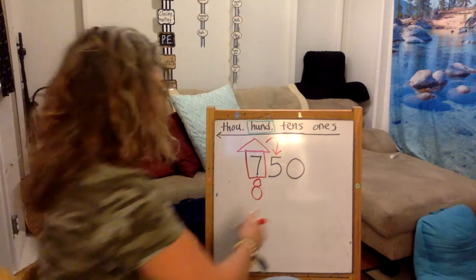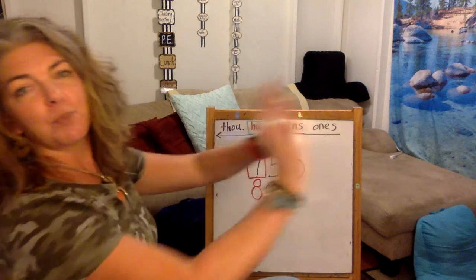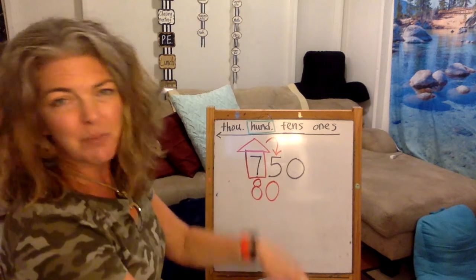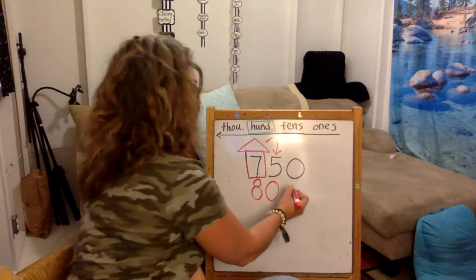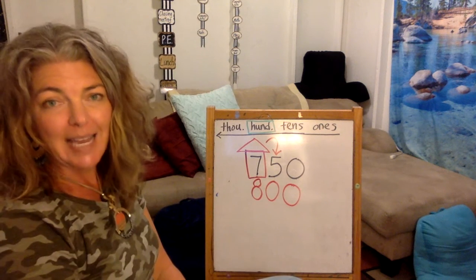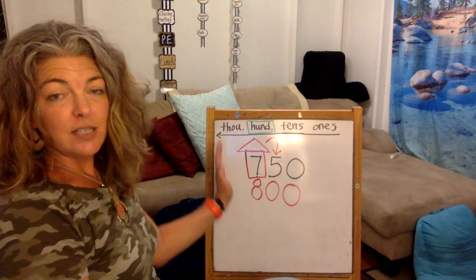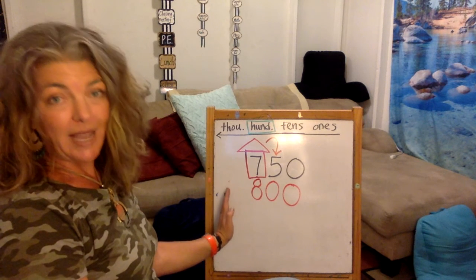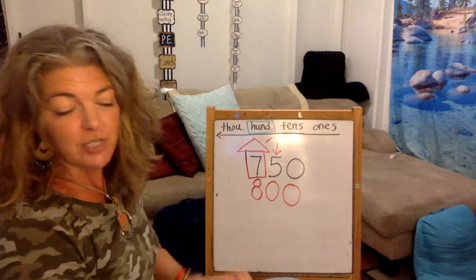I'm going to turn it to a 0. And every neighbor beyond it, I don't need any more help. I've already changed. So they all become zeros. And now my new number is 800. 750 is closer to 800 when I round it to the nearest hundreds.